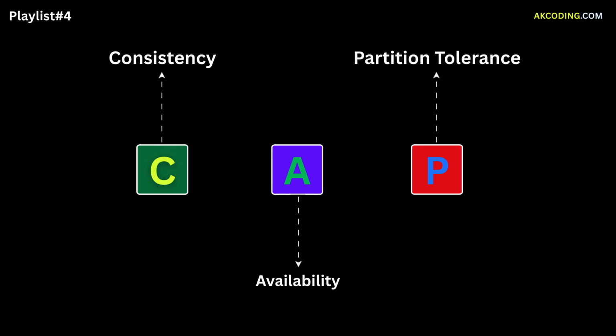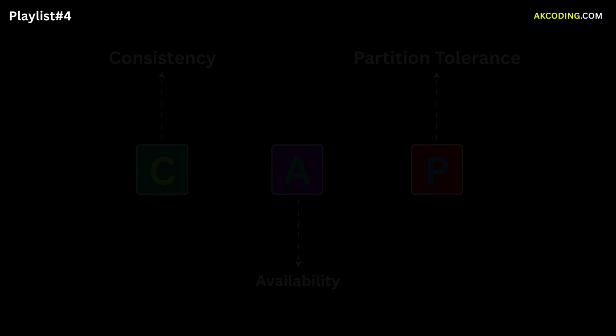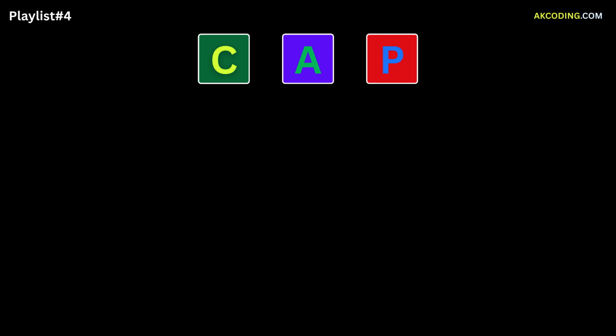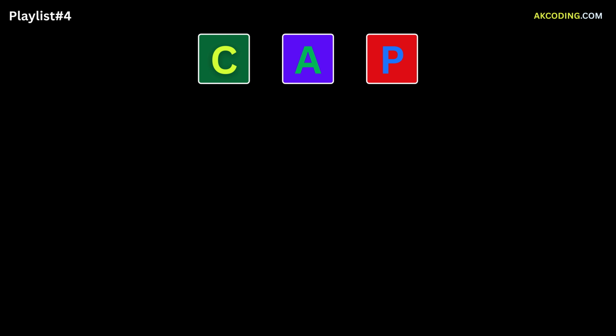What is CAP theorem? CAP stands for consistency, availability and partition tolerance. The theorem says in any distributed system, you can only guarantee 2 out of 3 properties, never all 3 at the same time. Let's quickly define them.